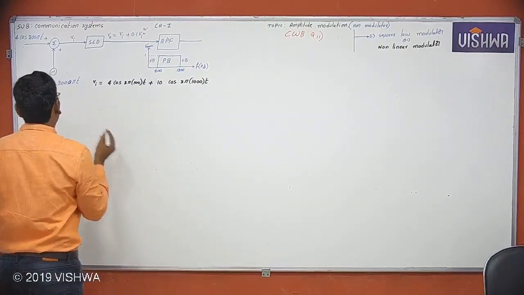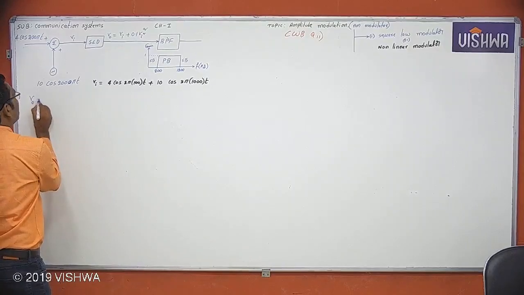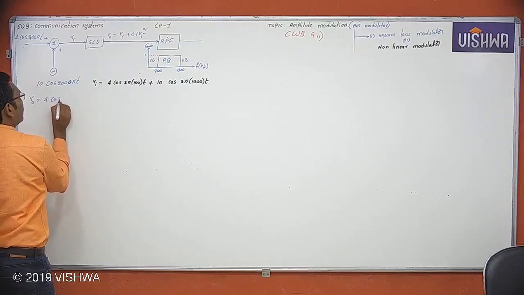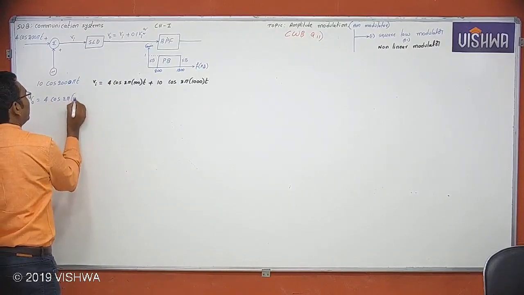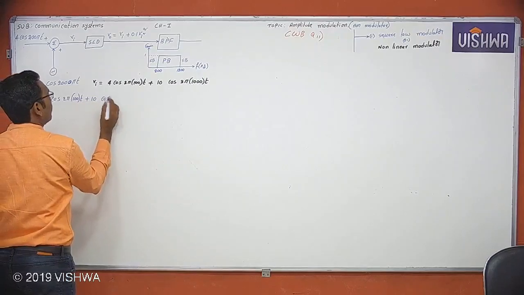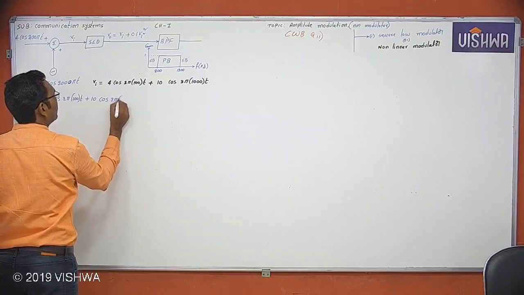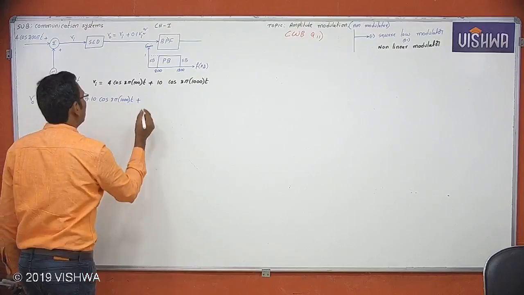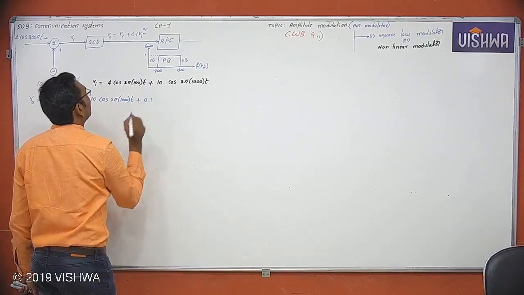V naught is Vi, which is as it is 4 cos 2 pi into 100 into t plus 10 cos 2 pi into 1000 into t plus 0.1 into Vi square.